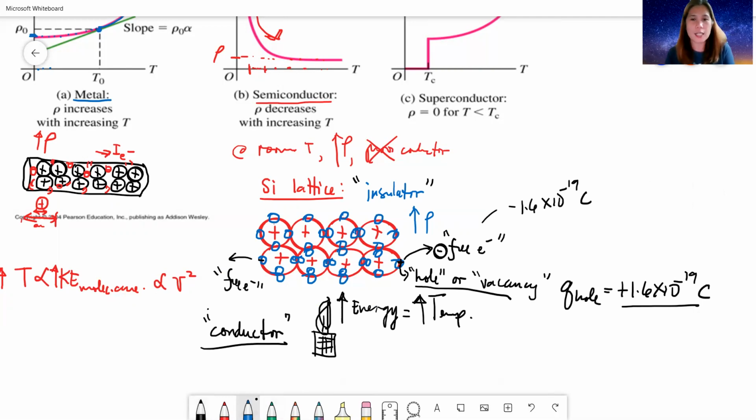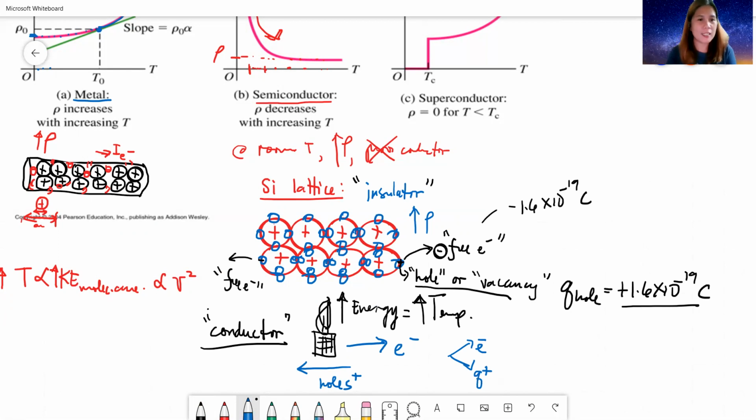So if the drift velocity of the electrons are to the left, then the holes will also have an apparent motion din, no? So the holes will go to the other direction. So si semiconductors, meron siyang dalawang charge carriers. Meron siyang negative na charge carriers, the electrons, and the positive na mga holes.